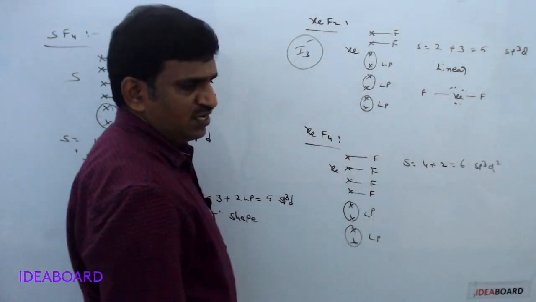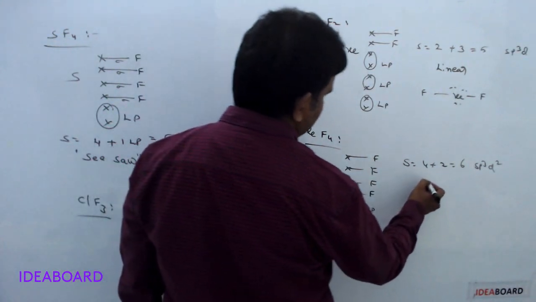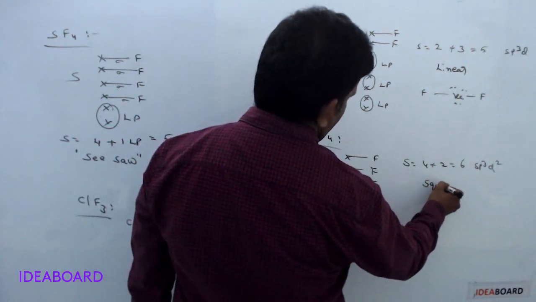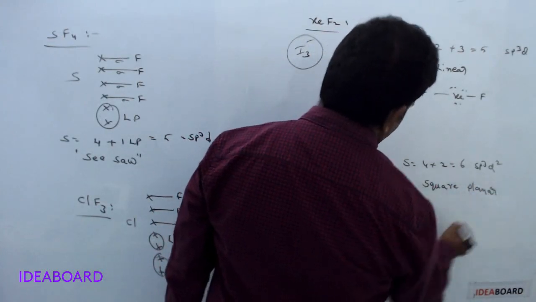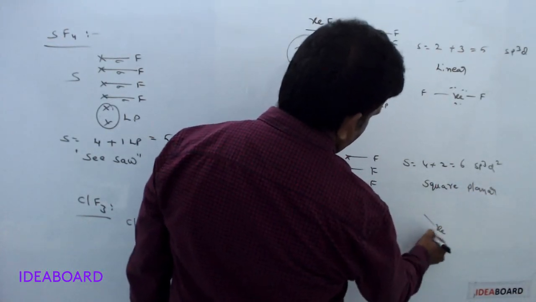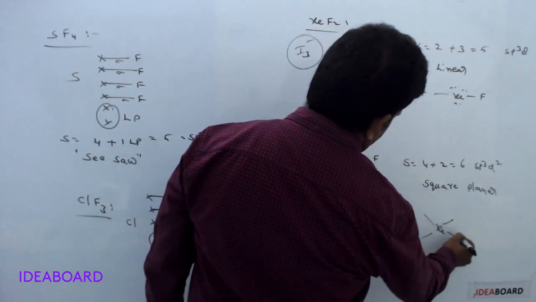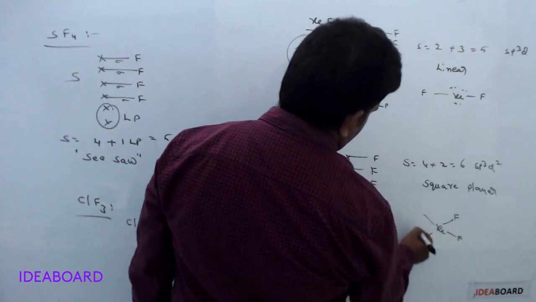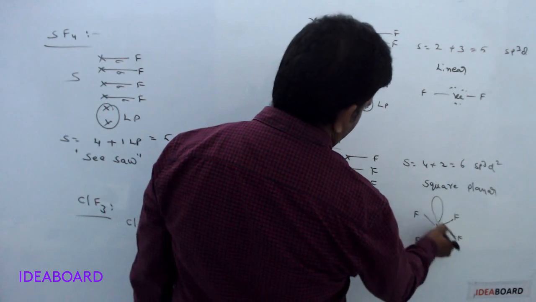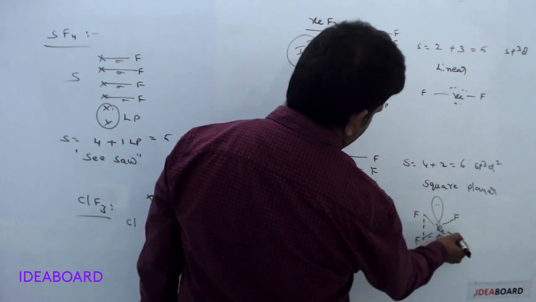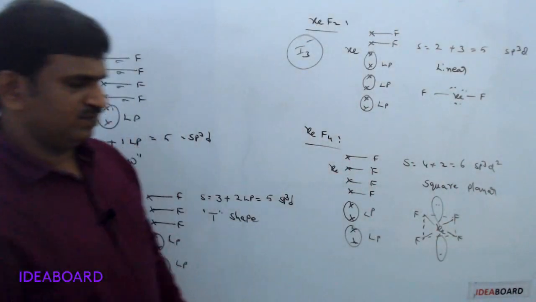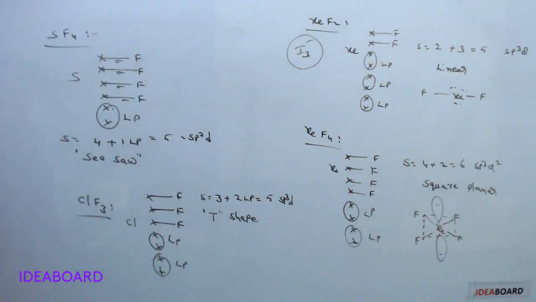Generally it would be octahedral, but due to the 2 lone pairs, it has a square planar shape. Here is Xe and these are the 4 fluorine atoms, and as I just said, the 2 lone pairs are present in axial positions, and this is the square planar shape. Okay, so you try some molecules, and based on that we can get it.